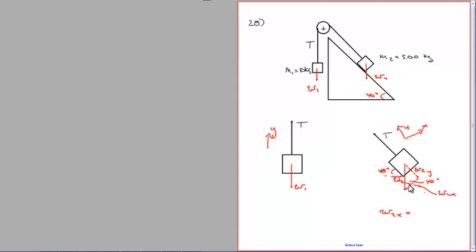Well, here's the angle. This is the adjacent side, so it'd be the cosine. So it'd be equal to W2 times the cosine of 40 degrees. And W2Y is equal to W2 times the sine of 40 degrees. And W2 is the square of this plus the square of that, take the square root.